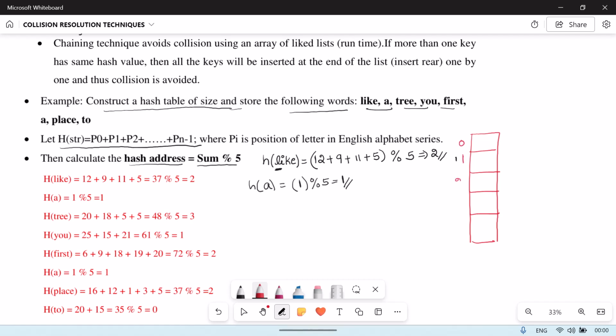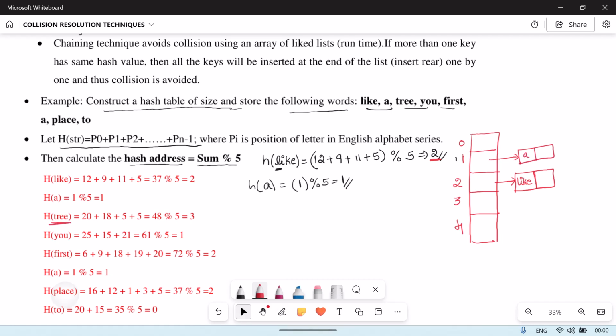Like this. Like is getting the hash value 2, so from here you draw a node like this. This will have like. Likewise, A is pointed to by 1, so A will come here.